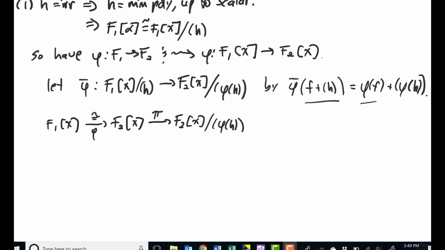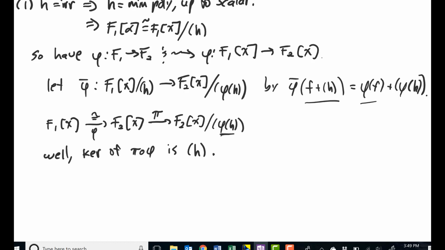So what is the kernel of this map? Well, if you think about it for a second, who dies here? These are all the polynomials that go into this ideal here. And obviously, the way you land there is to start with anything in h, apply phi, so you get to phi of h, and then project down. So that's the kernel.